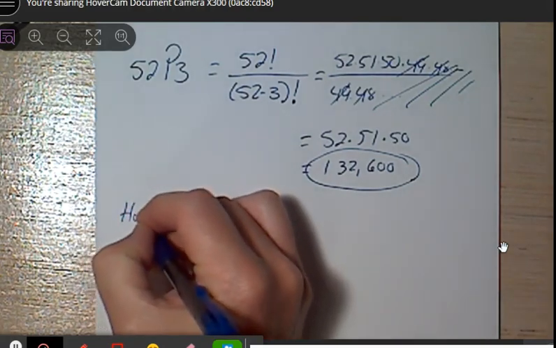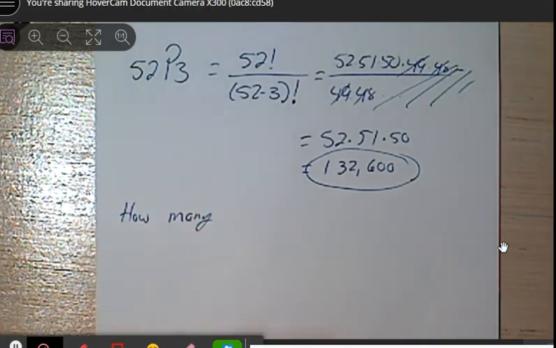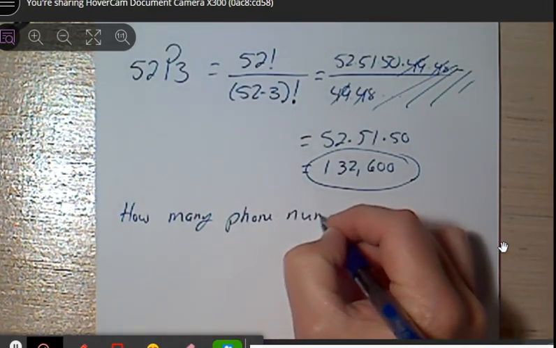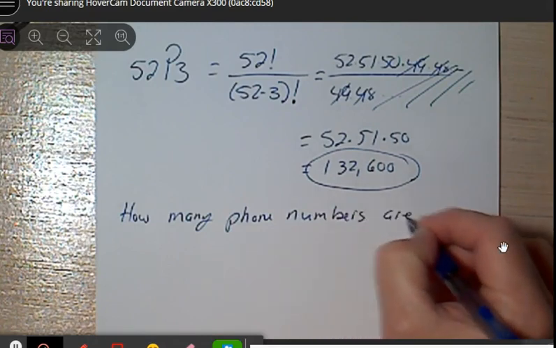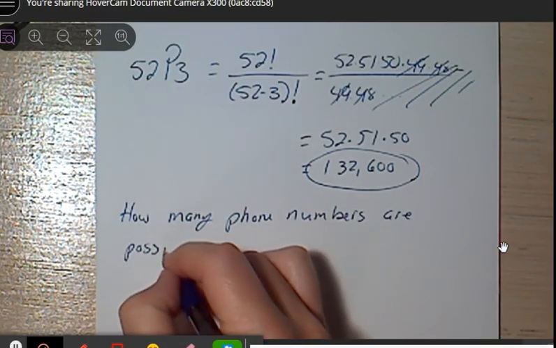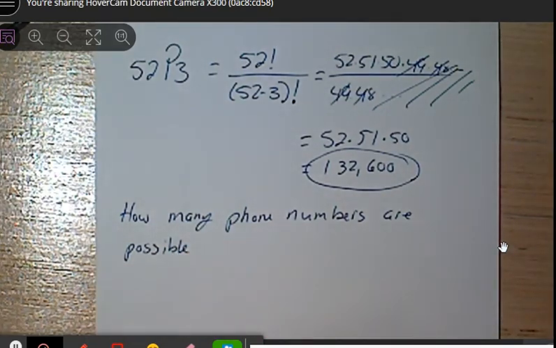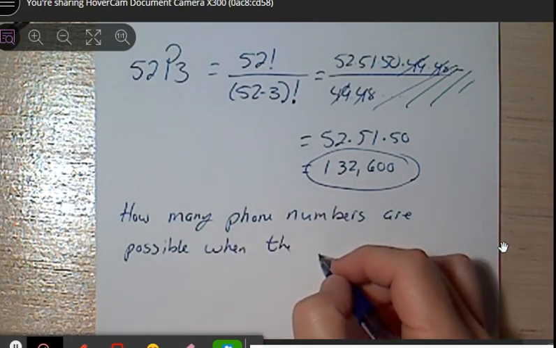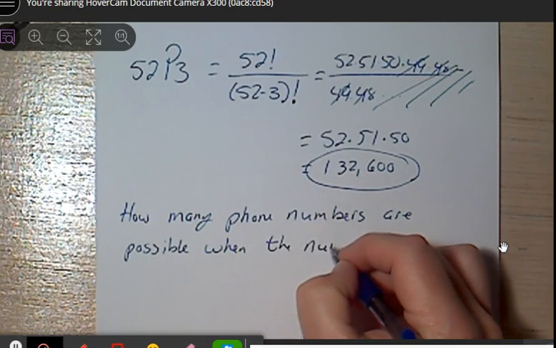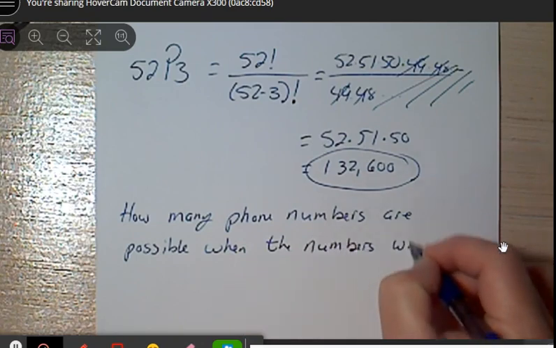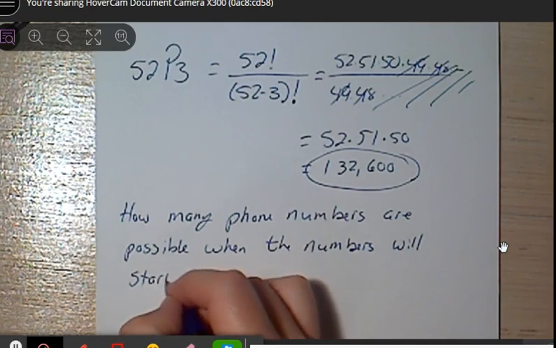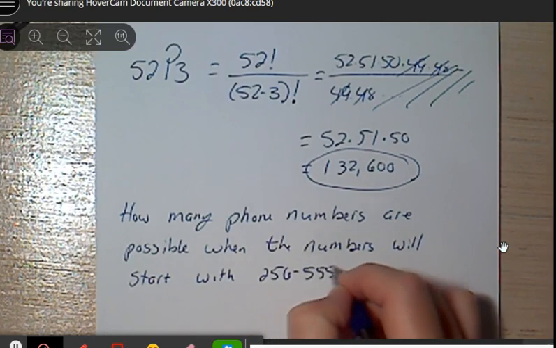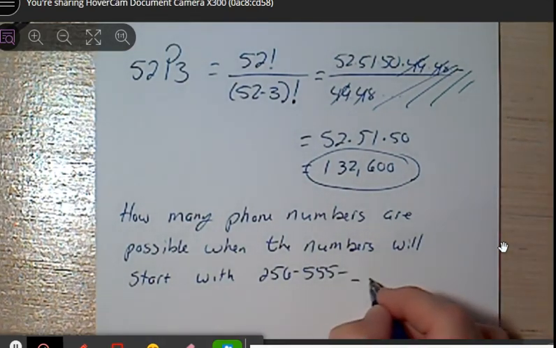Let's give you one problem here to show you. They may ask you something like this: how many phone numbers are possible when the numbers will start with 2, 5, 6, 5, 5, 5, and then they'll leave you 4 blanks here at the end.